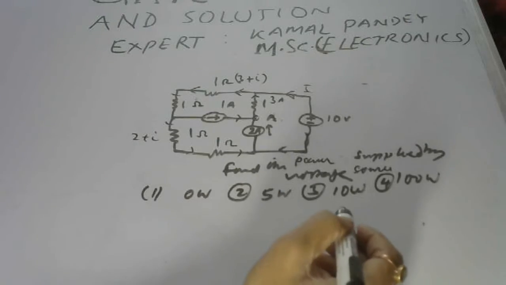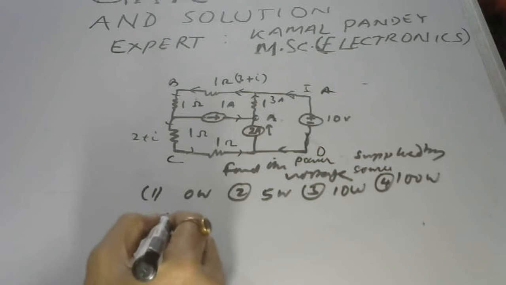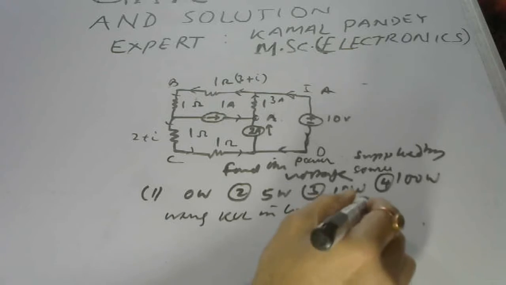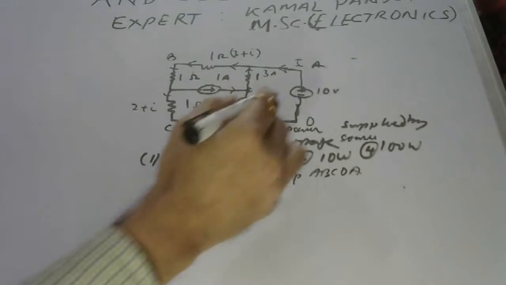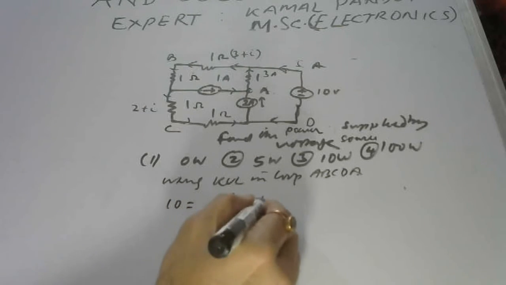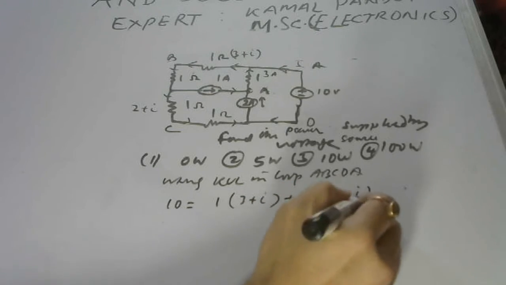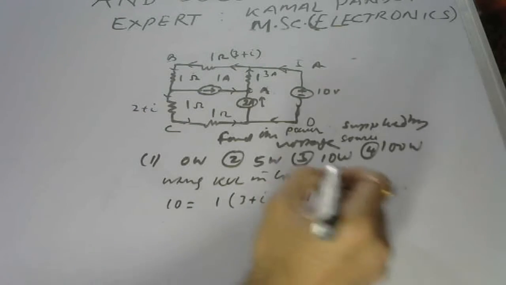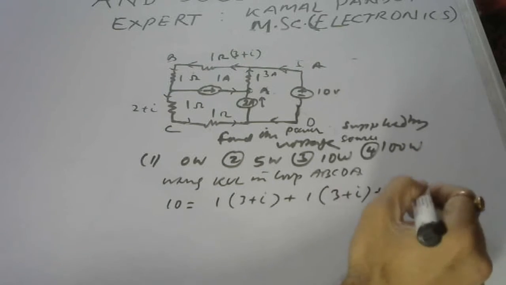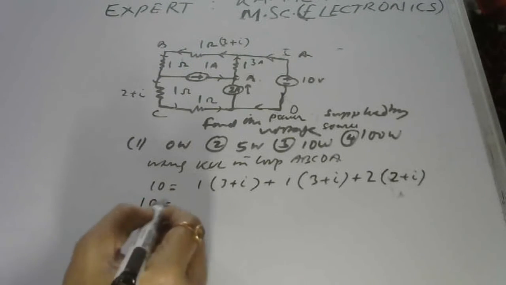We use the Kirchhoff voltage law in loop A, B, C, D, A. Using KVL in loop A, B, C, D, A, going negative to positive, we get 10 equal to 1 into (3 plus I), plus 1 into (3 plus I), and here we mark 1 into (2 plus I), the current is 2 plus I. So we find out the value of current first.